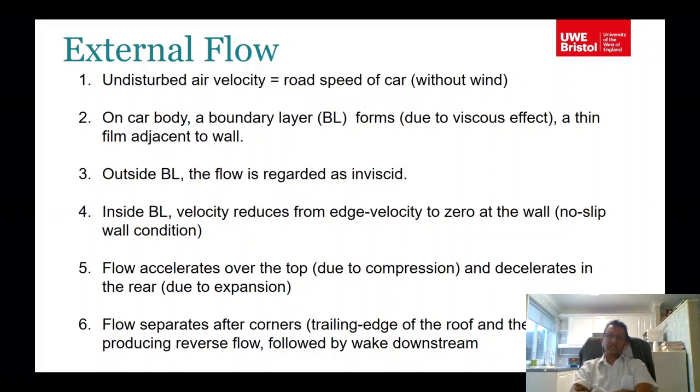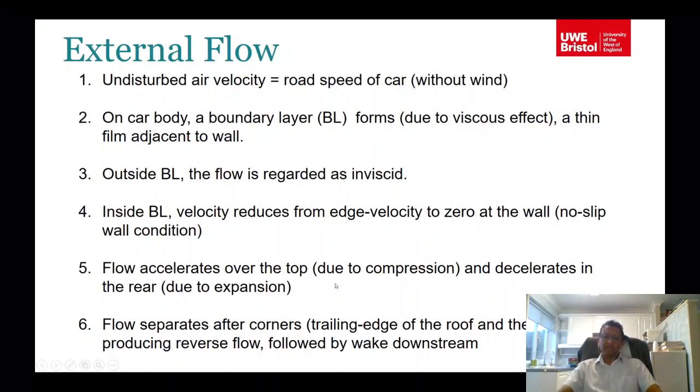But at the boundary layer, air is moving with the car at speeds from 100 kilometers per hour to 1 kilometer per hour in that range. So inside the boundary layer, velocity reduces from the edge velocity to 0 at the wall.